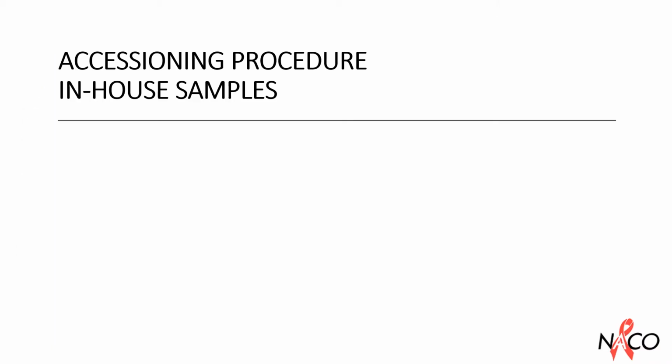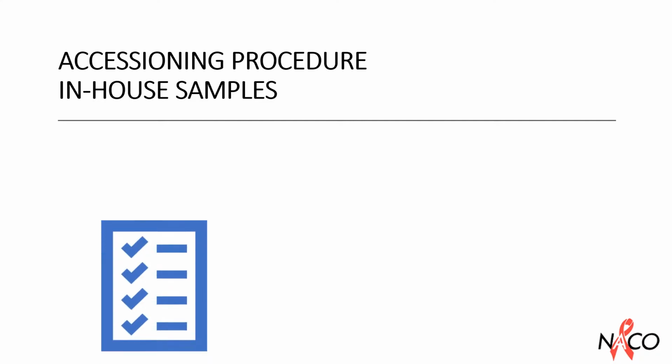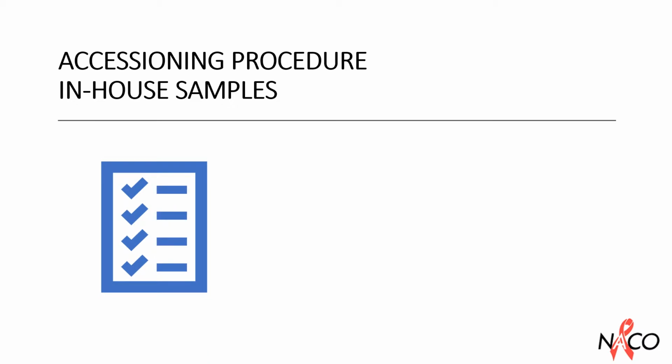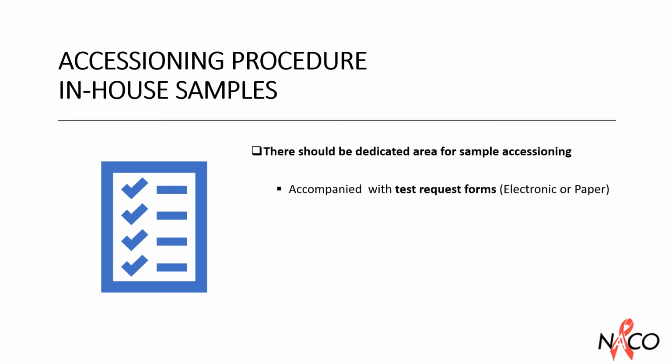Accessioning in-house samples. The laboratory procedure for sample reception should follow standard essential steps. There should be a dedicated area for sample accessioning. All samples should be accompanied with test request forms, electronic or paper.